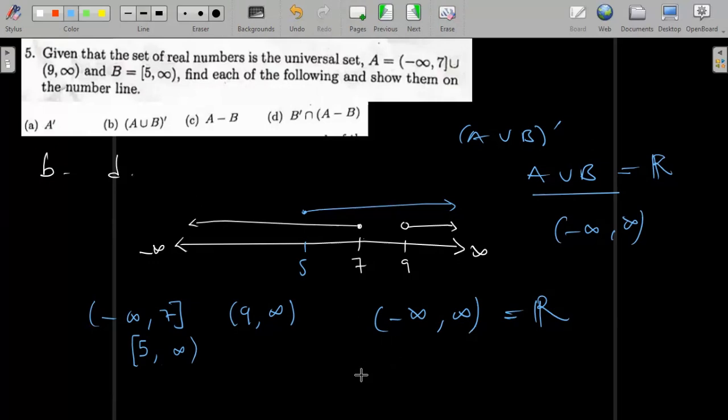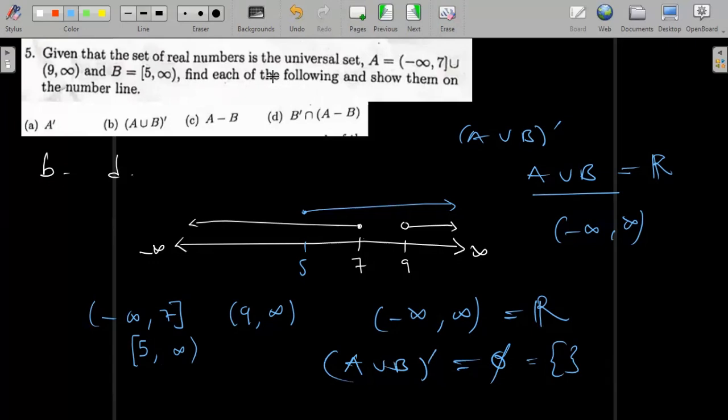So A union B complement is just going to be empty. It's going to be equal to the empty set. You can write it even like that.